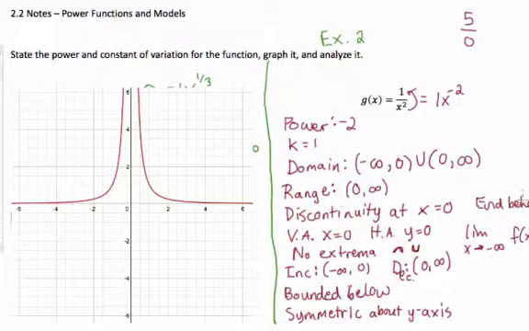"I'm not touching you." And when your parents say stop touching each other, you say, "I'm not touching them." That's the limit. So as we go to negative infinity on our function, we're getting closer and closer to a y value of 0. It doesn't matter that we'll never get there. We're saying as we go towards negative infinity, what are we going to get closer to? That's the limit part of that.